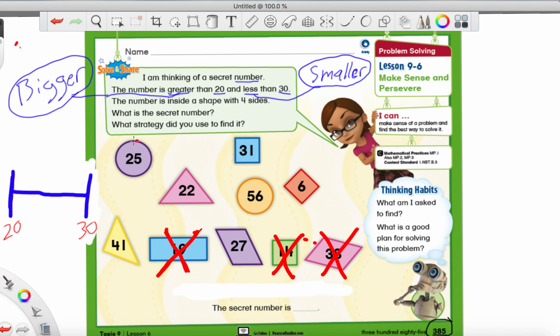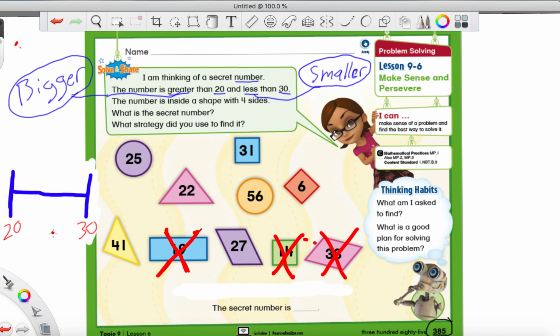Man. So see how this list of numbers is getting smaller and smaller for us to pick from? Okay. So, all right, let's go up here. We have the number 6. Does the number 6 fit in between 20 and 30? No, not at all. It doesn't even have a tens place. It's a really tiny number.